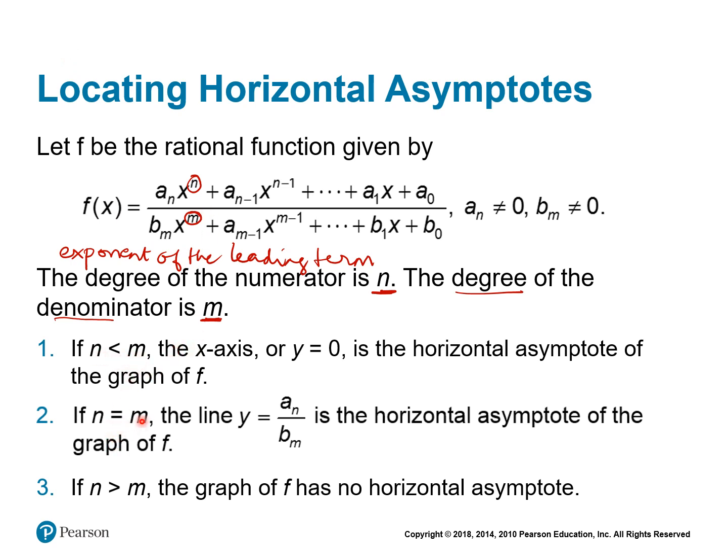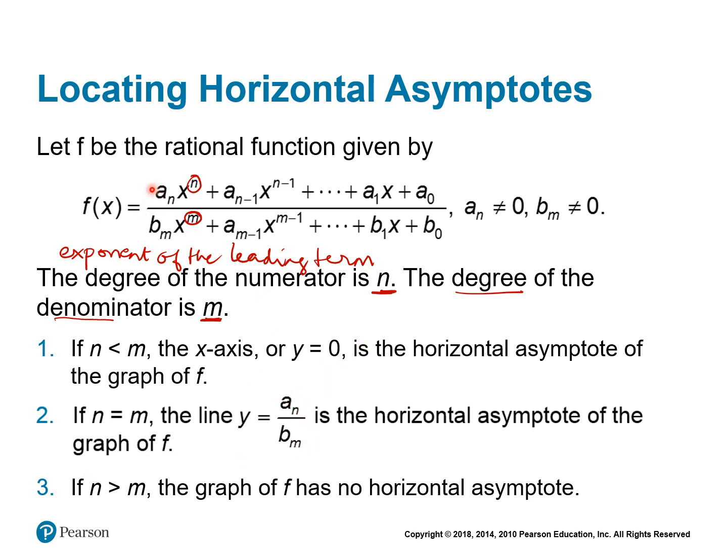If n equals m, that is, if the exponents of the leading terms in the numerator and denominator are the same, then the line y equals a sub n divided by b sub m is the horizontal asymptote of the graph. What is a sub n and b sub m?